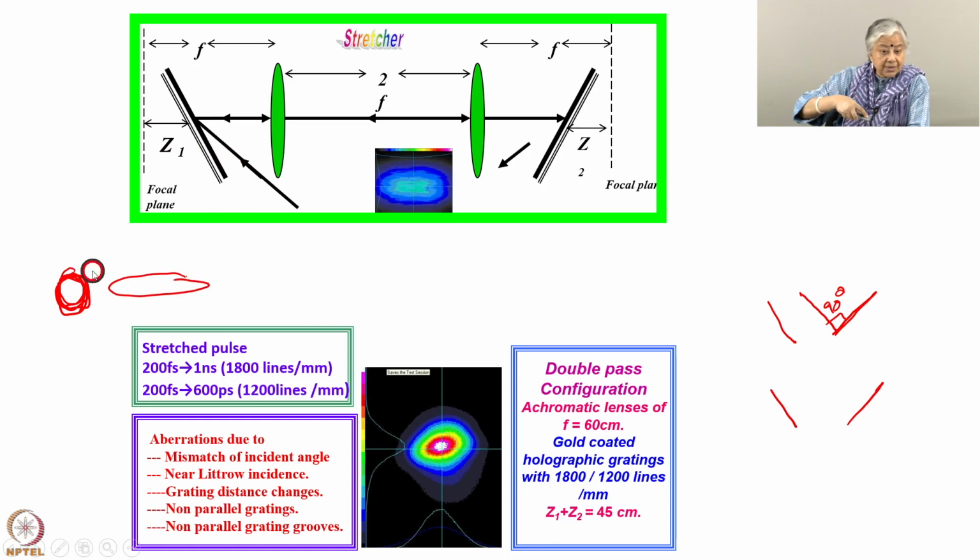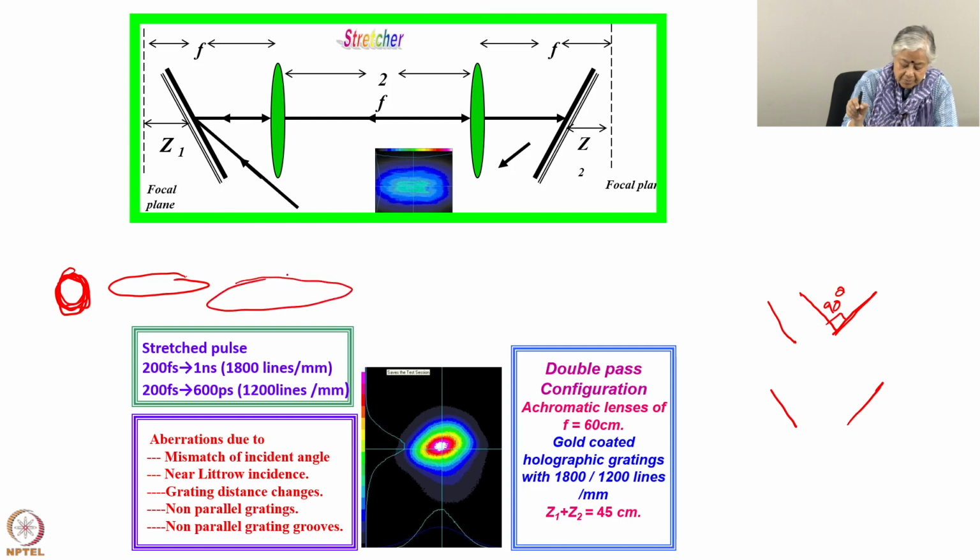Now, this elliptical beam has to pass through this telescope, so that it does not become a wider and wider ellipse as it goes through. As it goes through the air, you do not want it to become a much more elliptical thing. You need some control over it. So, that is why you need this telescope.